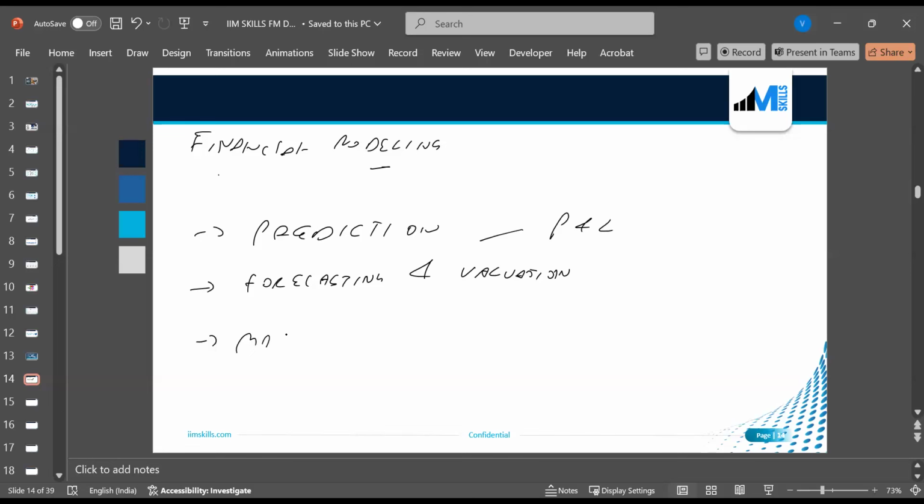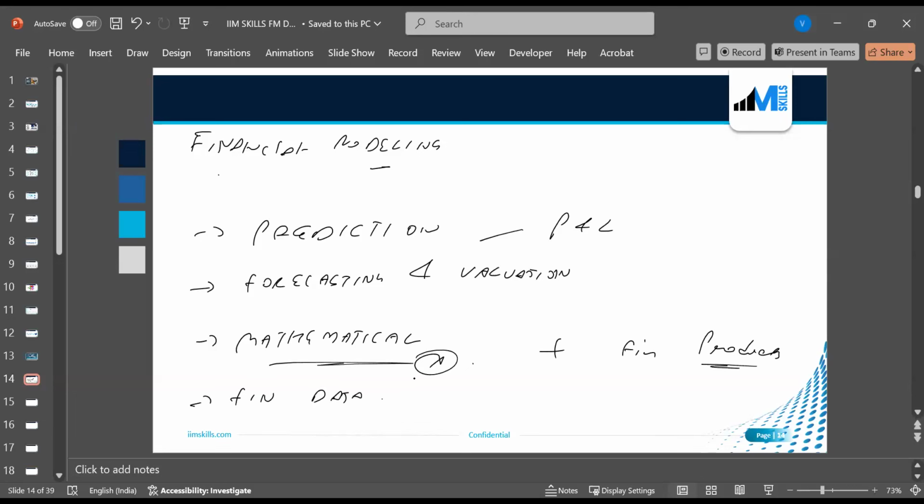One keyword here is mathematical models, that is, it has something to do with numbers. Then financial products, we'll come back to this, but it is a very good keyword. Then Hans says structured representation of financial data and the relationships between them. Okay, so financial data. Then budgeting. We can call that prediction itself, budgeting as well.